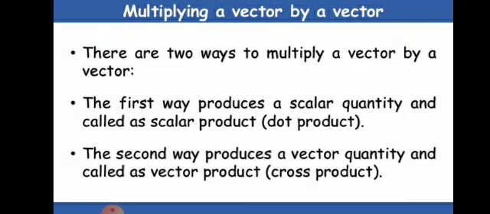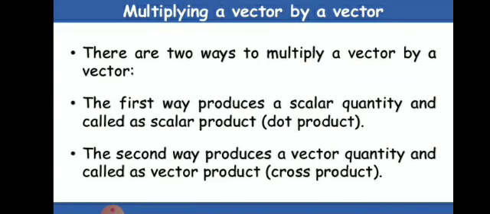The first way produces a scalar quantity and it is called a scalar product.